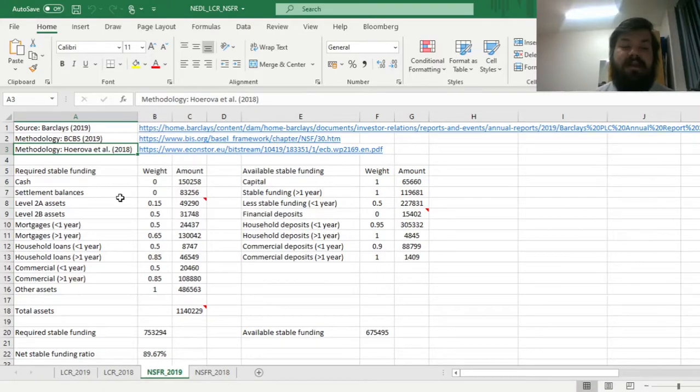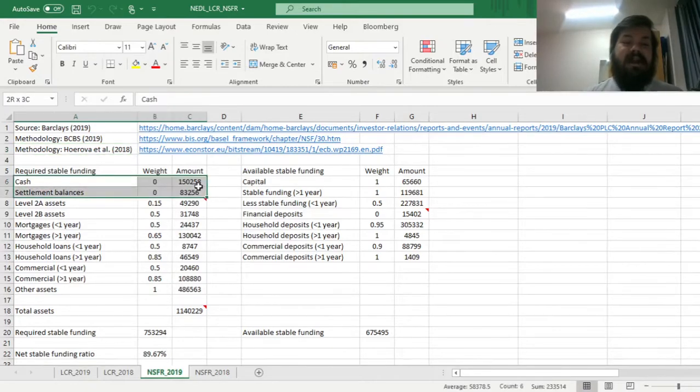So let's start with the required stable funding. What sources of required stable funding are there? What assets does Basel consider relatively encumbered so that there should be long-term stable funding liabilities in place to provide for them? Well, let's start with assets that banks can hold without any considerations for their required stable funding.